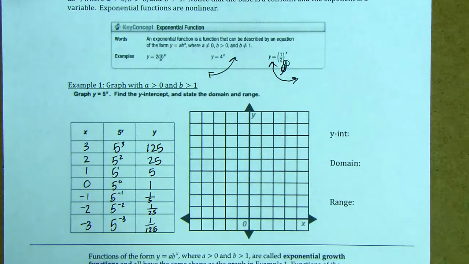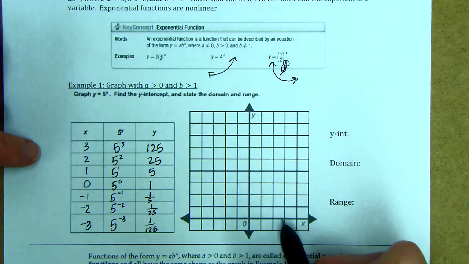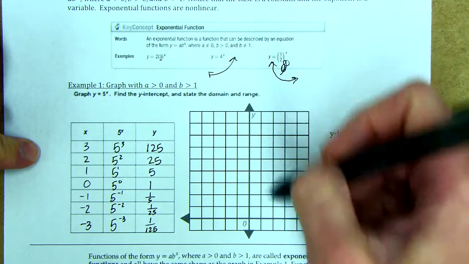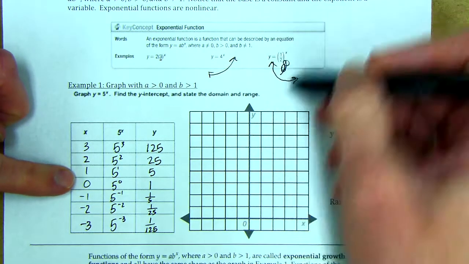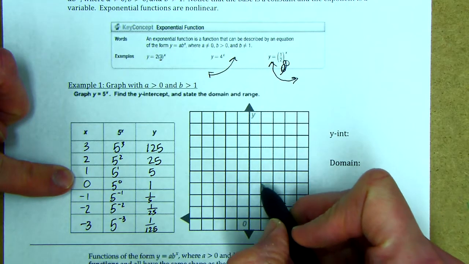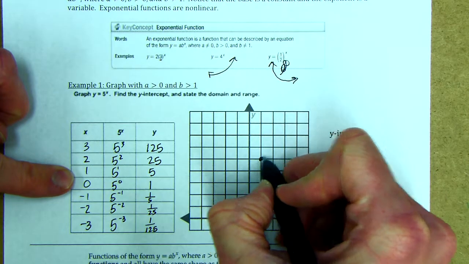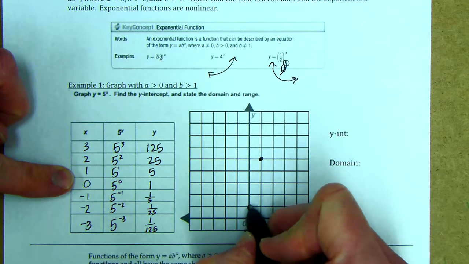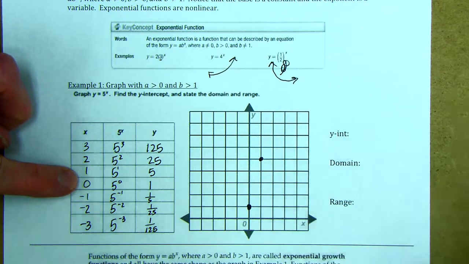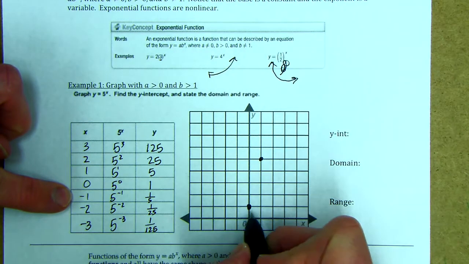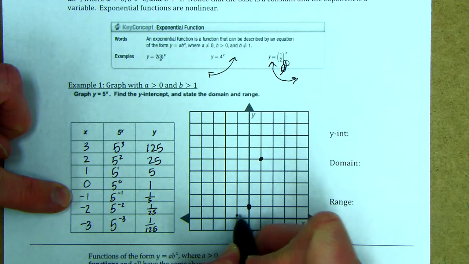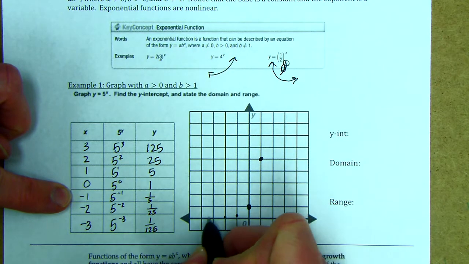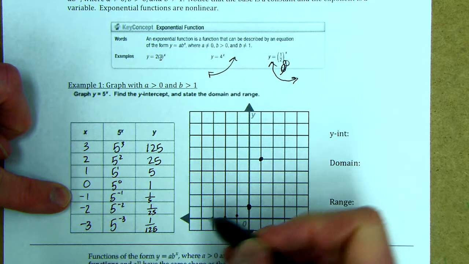So 3 is way up there. Even 2 is way up there. 1 is at 5. 1, 2, 3, 4, 5. 0 is at 1, because any number to the 0 power is 1. -1 is at 1/5. Then 1/25, and so on and so forth.